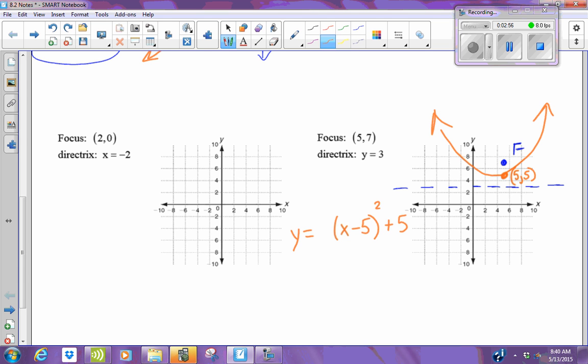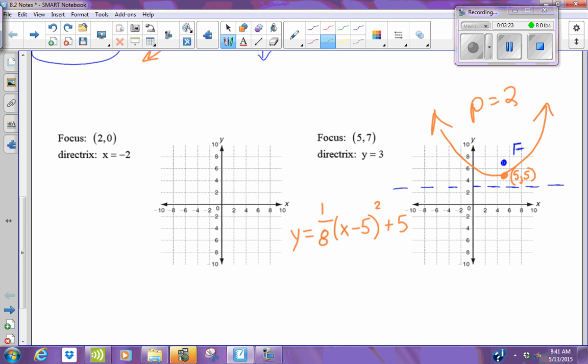Okay, so it's the distance between the vertex. Okay, so what's your p? Okay, so p is 2, and then in front of here is 1 over 4a, so that's 1/8, and it should stay positive because your parabola is opening up. Okay, does that help you out?